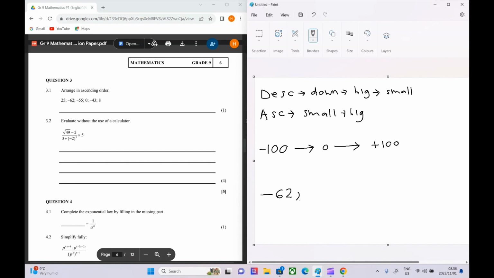Then the next is minus 55. Then we've got negative 43. So you're gradually getting bigger. Then after that, we've got 0, and then 8, and then 25.